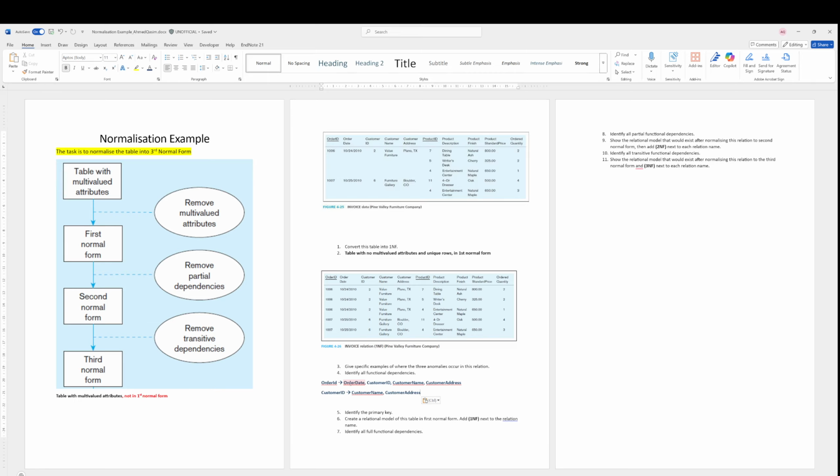So product ID will determine product description.